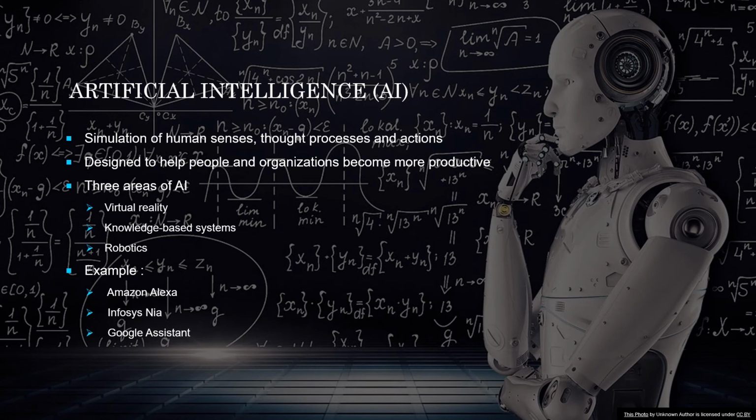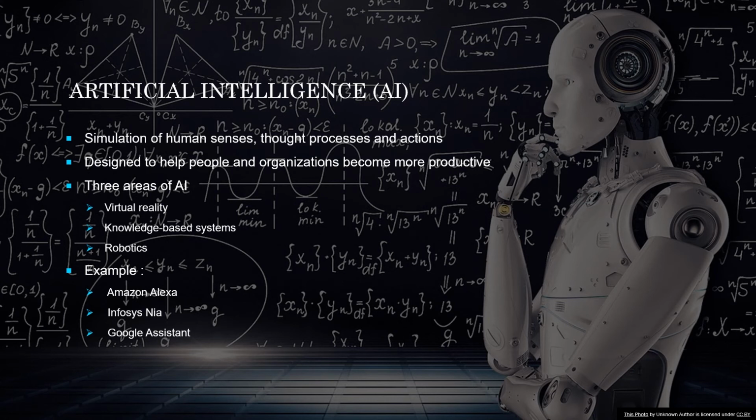Last but not least, I will discuss the last specialized application, which is artificial intelligence, AI. Artificial intelligence is the emulation of human senses, processes, and actions. It is also designed to help people and organizations to become more productive.